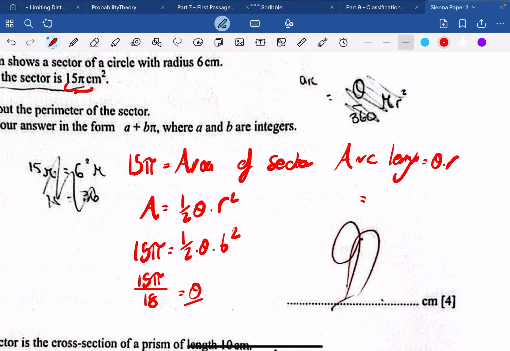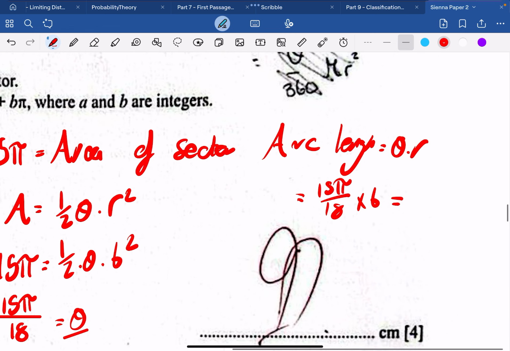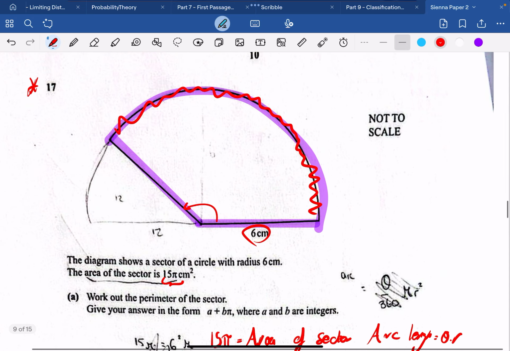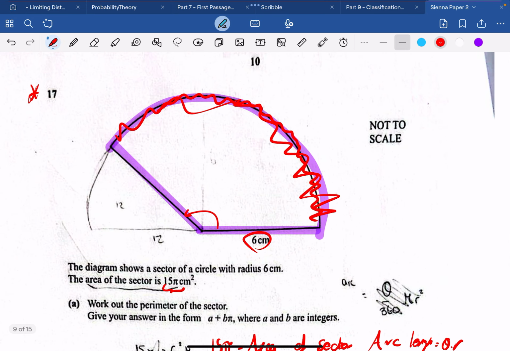We know what theta is, 15 pi over 18 times 6, which simplifies to, so the 6 cancels with the 18, so we get 15 pi over 3, which is the same as 5 pi, right? Brilliant. 5 pi.